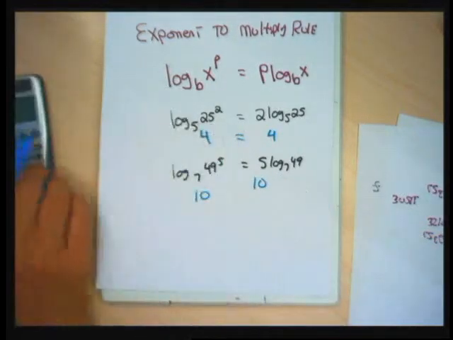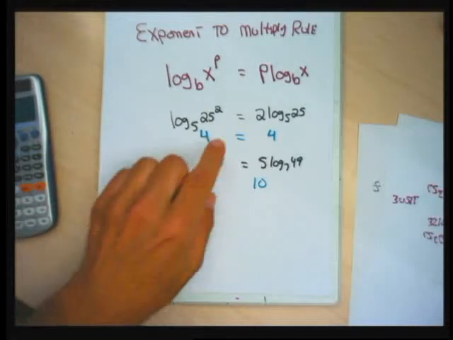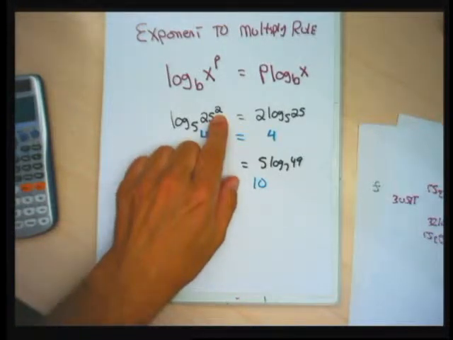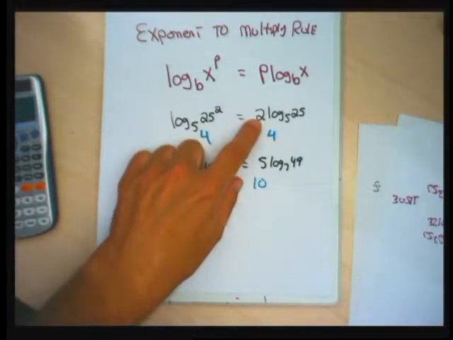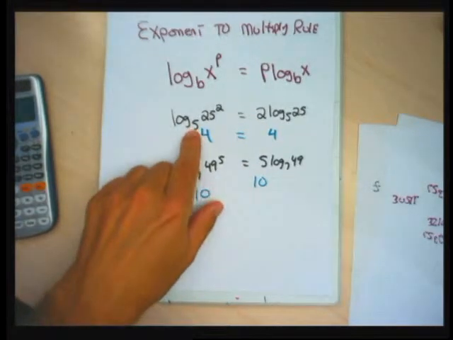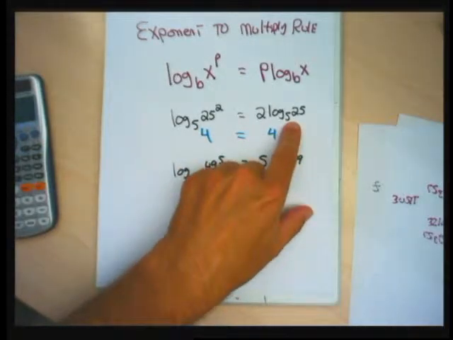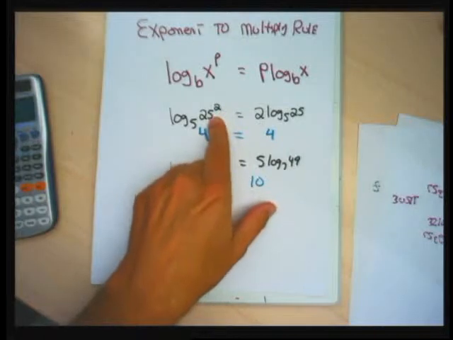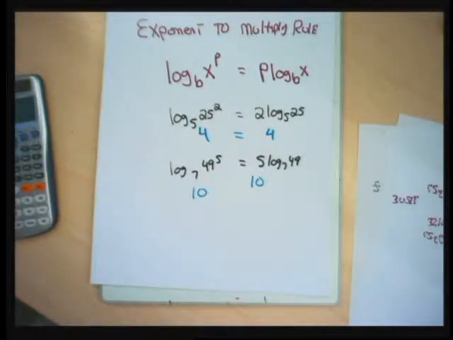So that's how the rule is used. If you have an exponent inside a logarithm, you can move that exponent out front and make it a multiplication. That's handy when I'm doing logarithms in my head, because it's easier for me to find the logarithm base 5 of 25, which I knew to be 2, rather than change that to the 625 that I did.